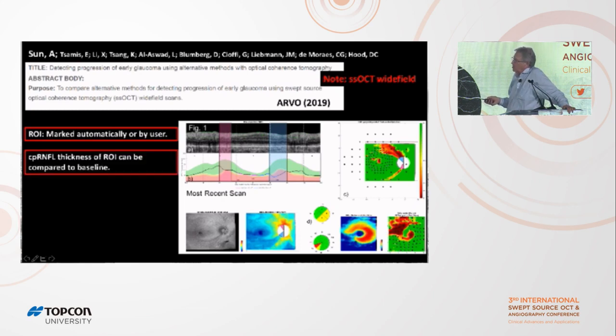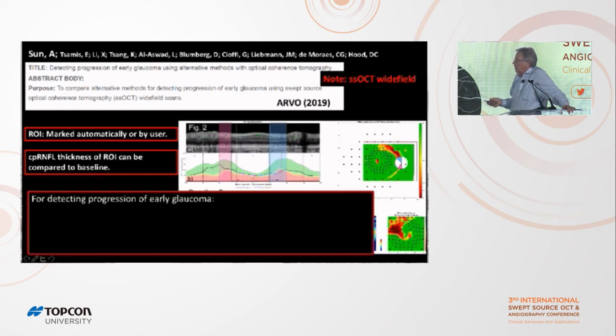So you can just take the thickness and then it can be compared to baseline using traditional event-related or time-related techniques. So you can see here, the difference from time one to time two. Okay, again, what we found here for detecting progression of early glaucoma.